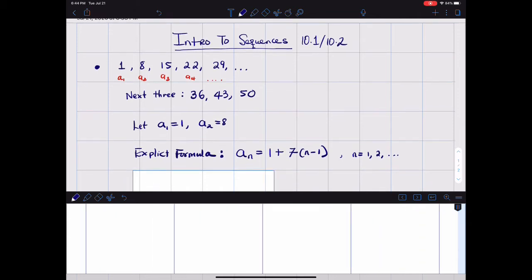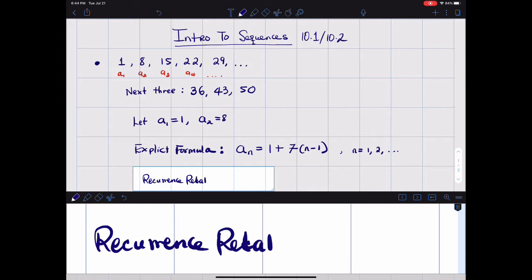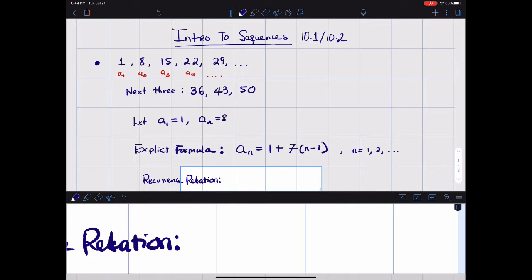We can also get what we call a recurrence formula, or recurrence relation. Recurrence relation just means that we're writing one term in terms of the other.